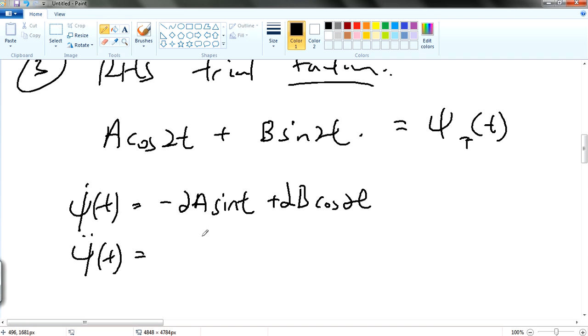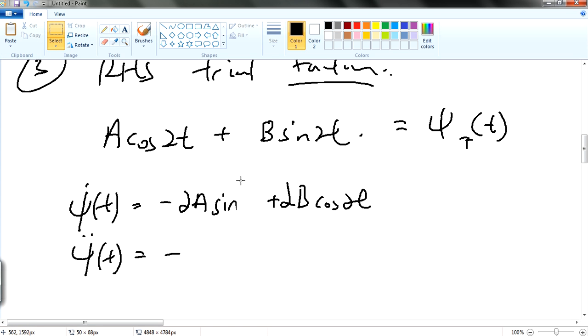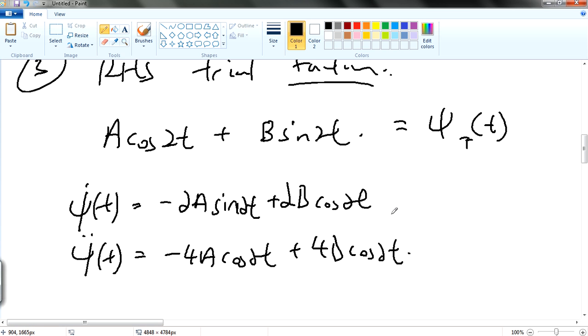I have minus 2a... sorry. I'm rushing because I pushed everything to today to do, so I have nothing else to do. So if I were to bring it, it's minus 4a cosine 2t minus 4b sine 2t.